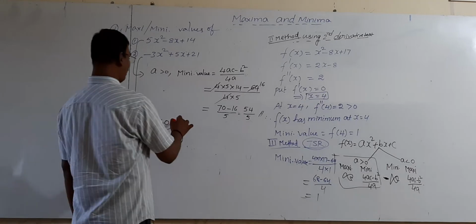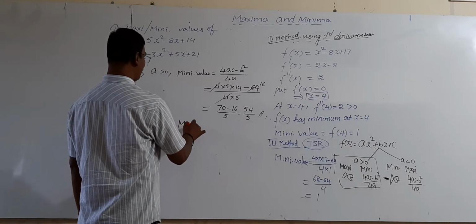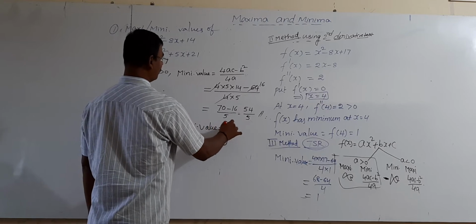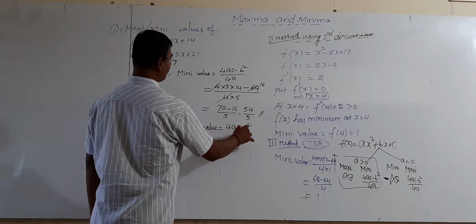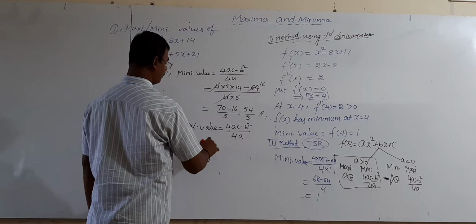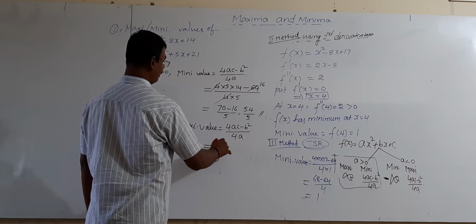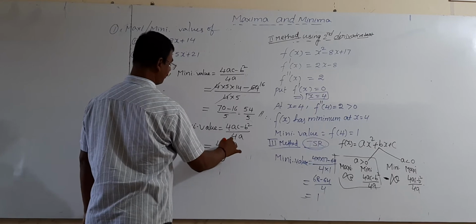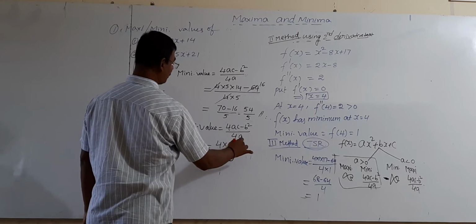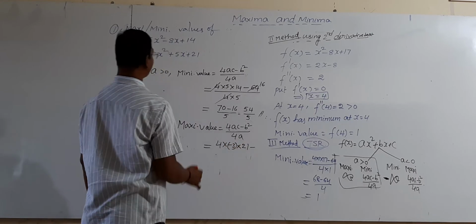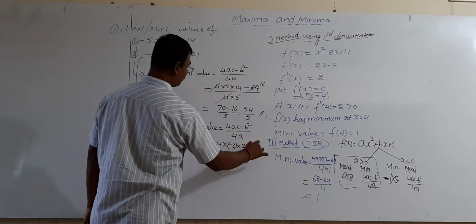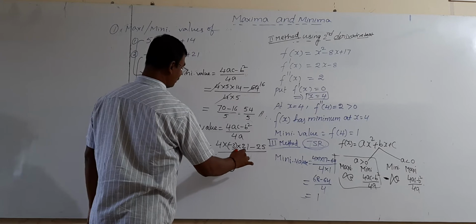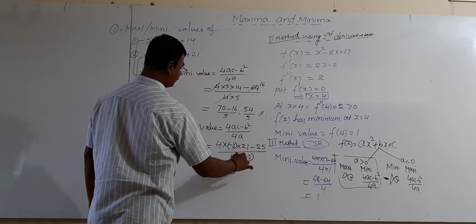What is the maximum value formula in this case? The formula is the same. So maximum value is equal to 4ac minus b square upon 4a. This is equal to 4 into a value, in this case minus 3, into c value 21, minus b square, 5 square value 25, upon 4 into a value minus 3.